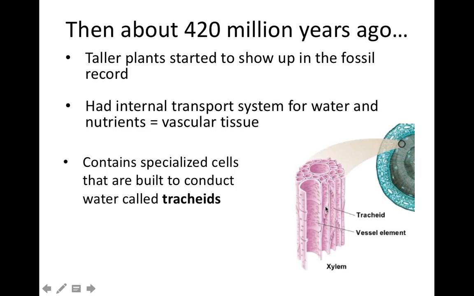It's attached end on end to another tracheid, and so they form little hollow, straw-like structures that run further away from the ground. Things like water and nutrients can travel through them just like water would travel through a straw. So that's what tracheids are.